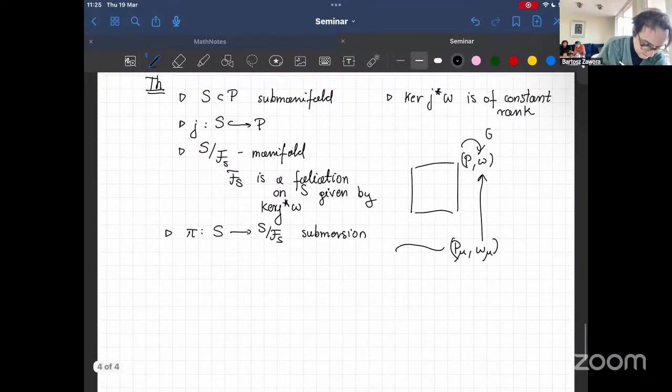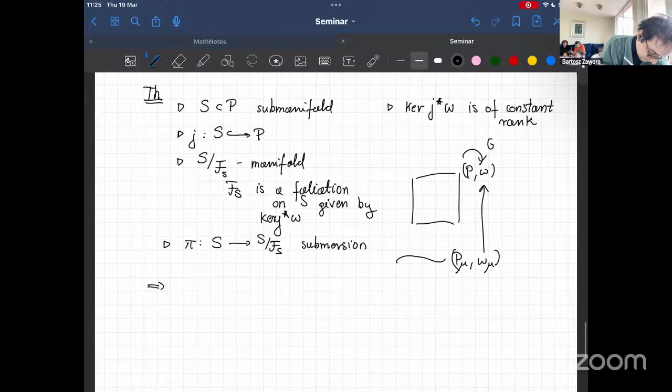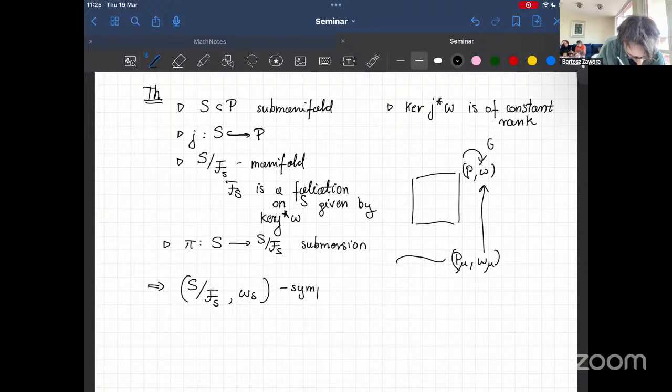Okay, so now the theorem is in this general setting. We get that the quotient space is a symplectic manifold, and the relation of the symplectic form on the quotient with the initial symplectic structure is as follows.